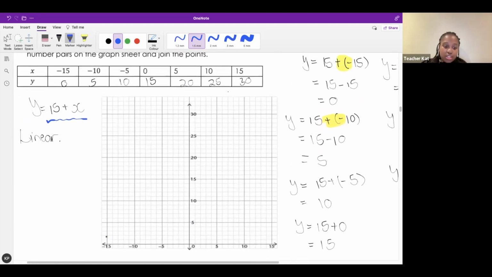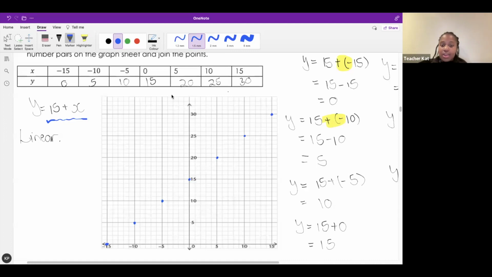Okay, so negative 15 here on the x-axis is 0. So then my point is on the axis. Okay, negative 10 is at 5. Negative 5 is at 10, 15, 20, 25, and 30.